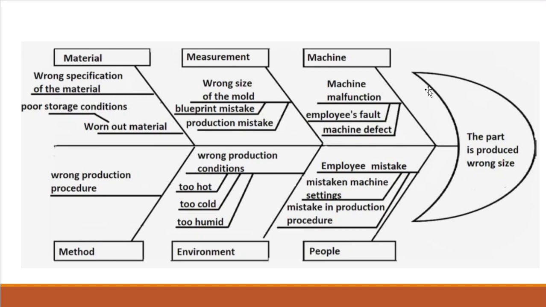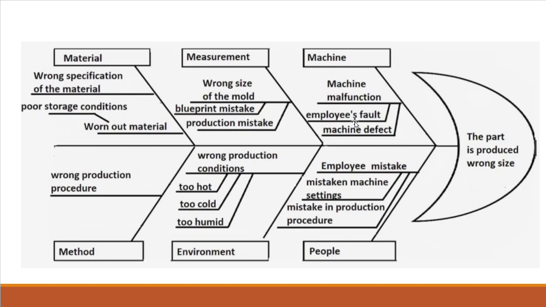It can be, the first one, machine. Yang ni kategori dia: machine, measurement, material, method, environment, and people. Machine can be because of machine malfunction, and we can go deeper. Mesin rosak ataupun tidak berfungsi sebagaimana yang sepatutnya. Because of what?